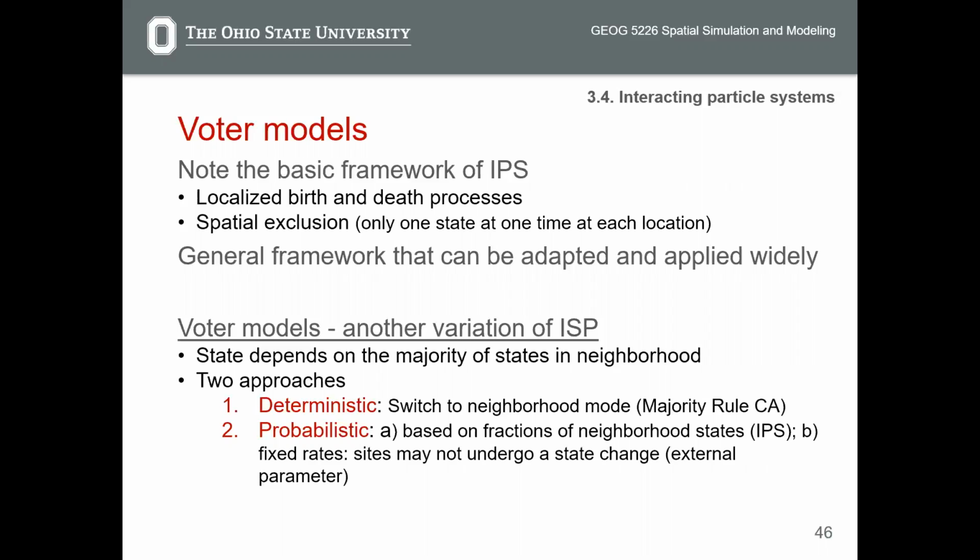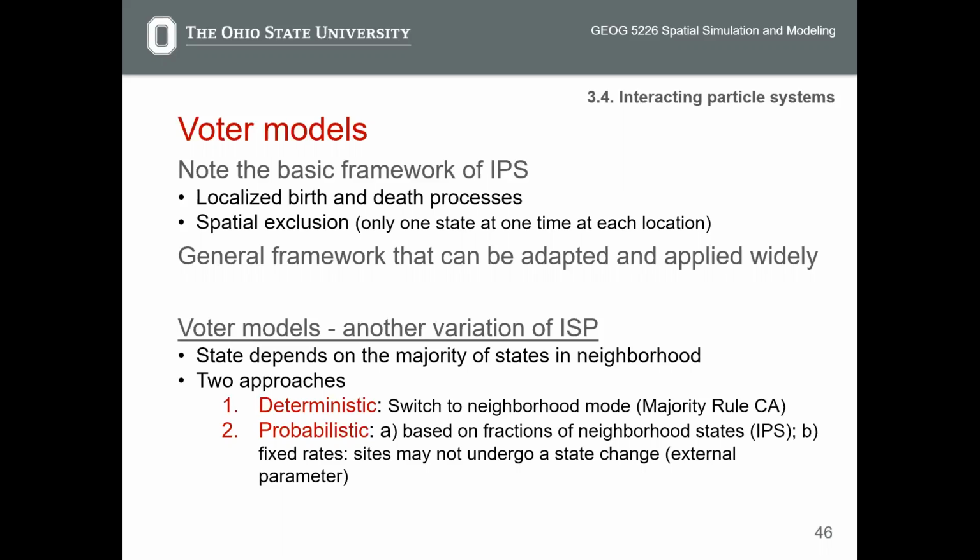That is actually a property from IPS, right? Because beta is decided by the fraction or the proportion of living neighbors, right?